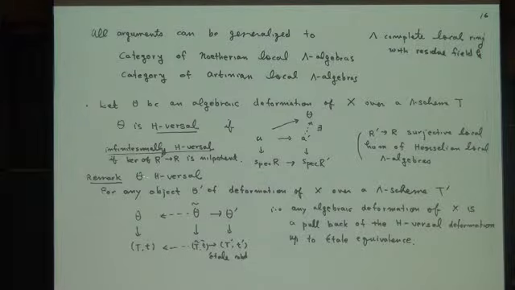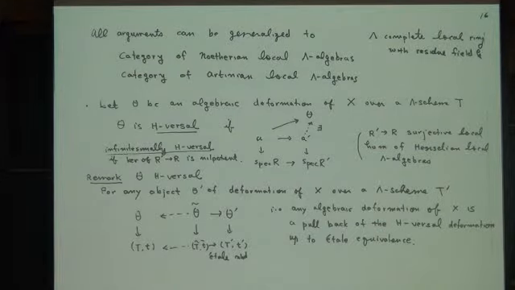Maybe it's better to understand by this remark. If we have an algebraic deformation Θ which satisfies H-versal, then for any object Θ' of deformation of this Λ-scheme over T', after étale localization, we can extend it. We can have a morphism from this family to the original H-versal family.